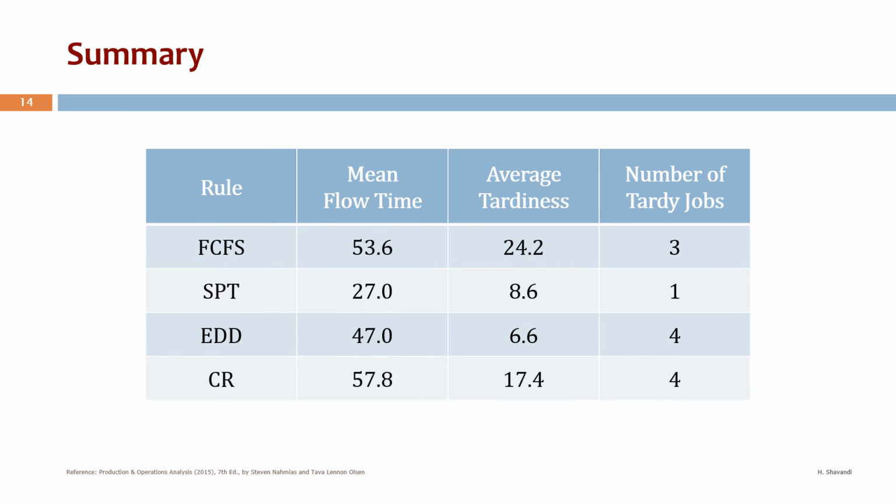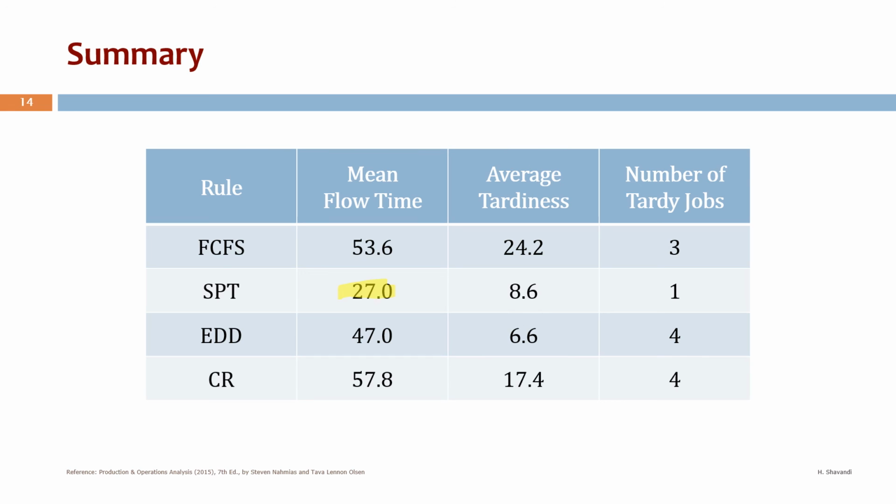So now we can compare the performance of the 4 scheduling rules here. So we have the final results here. If our criterion is minimizing the mean flow time, as you see here, the SPT provides a better schedule, right?